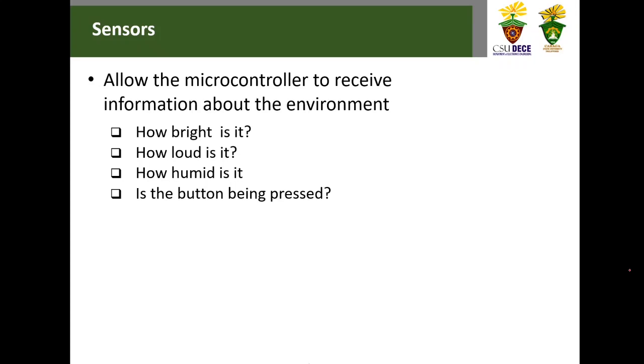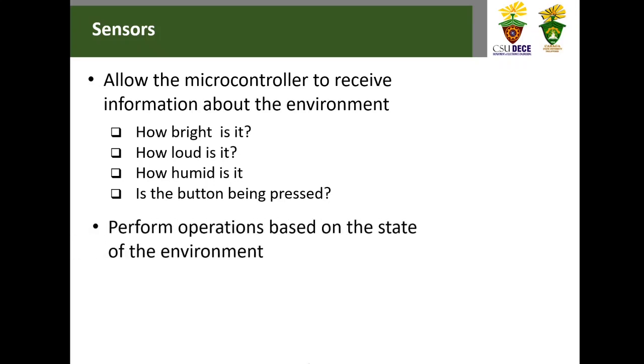And we can also determine how humid is it, and pwede ta magamit og mga barometric sensors. And we can also use a pressed button, and if it is being pressed, it would determine if it is high or low.